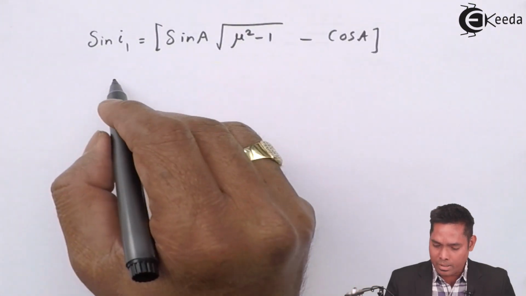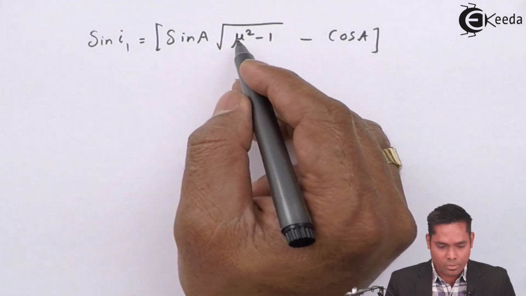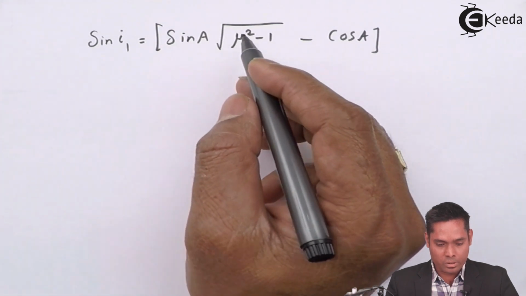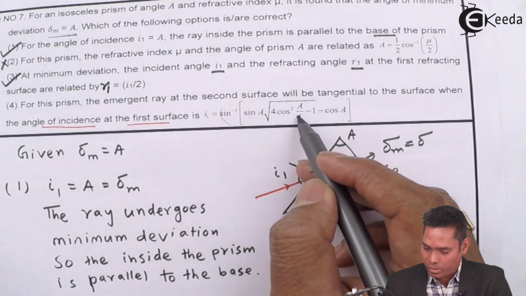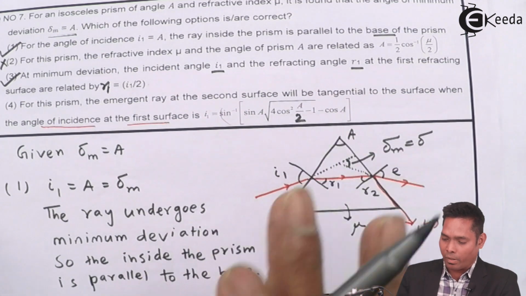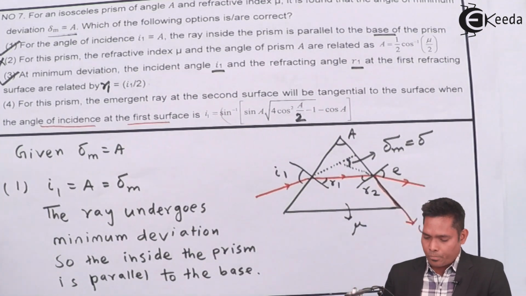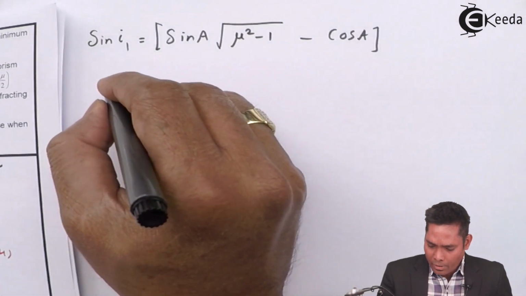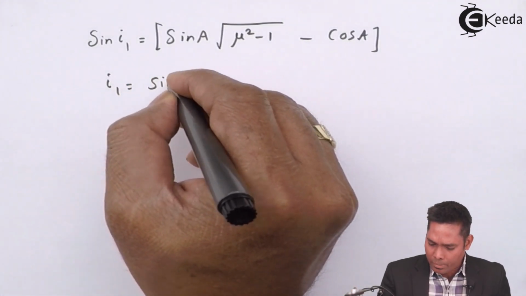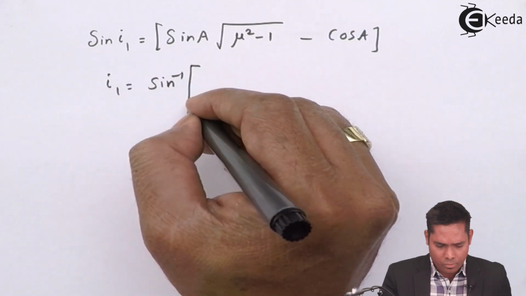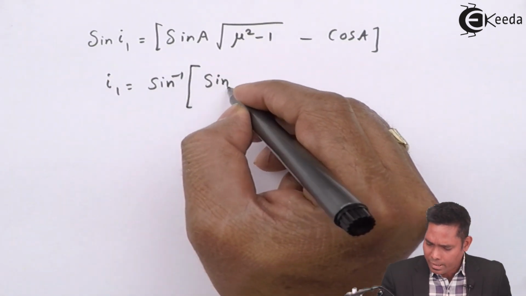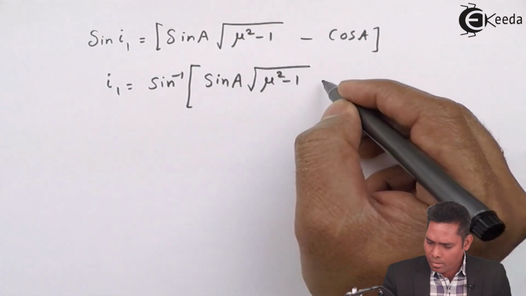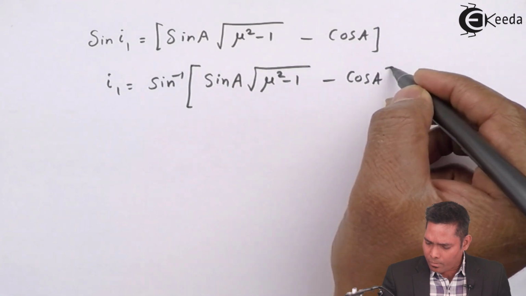So I have to simplify this further in terms of cos A by 2, I have to find this expression. I1 is sine inverse of sine of A, which is there already, root of mu square minus 1 minus cos A.